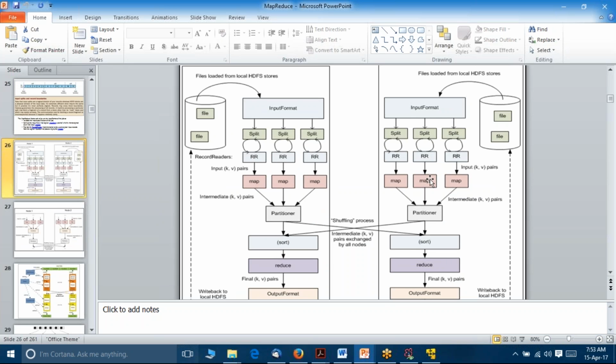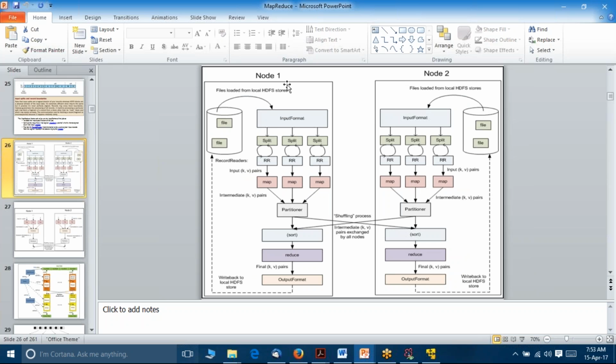See this one, friends. We have a map phase. So on node 1, you see that on node 1, we have 3 maps running because we have 3 blocks. You imagine, friends, split is nothing but a block kind of thing. I mean, it is not exactly block, but split and block are the same.